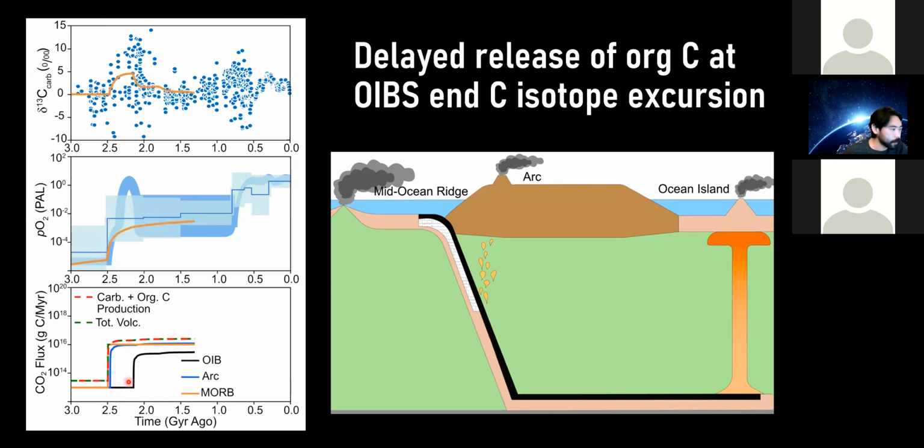Due to the imposed delay time of organic carbon on the order of hundreds of millions of years, the response of this increased subduction flux of organic carbon doesn't occur until hundreds of millions of years later. And once that ocean island flux increases, we start to emit more negative delta 13C, so that overall CO2 emissions go back into balance between the carbonate and organic carbon flux, bringing us out of the positive carbon isotope excursion.